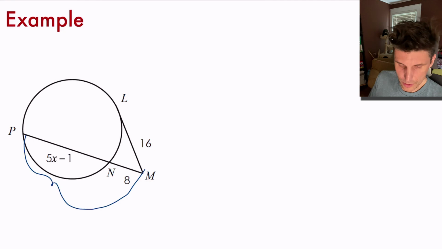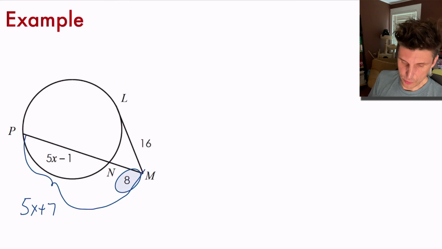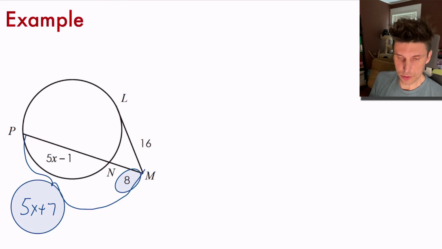All right, so we have to combine the two segments. Outside part plus the whole gets the whole thing. So we have 5x minus 1 plus 8, which is 5x plus 7, the entire thing. I'm going to put a ring around the two pieces that are going to be multiplied. And let's remember that you have to square this.